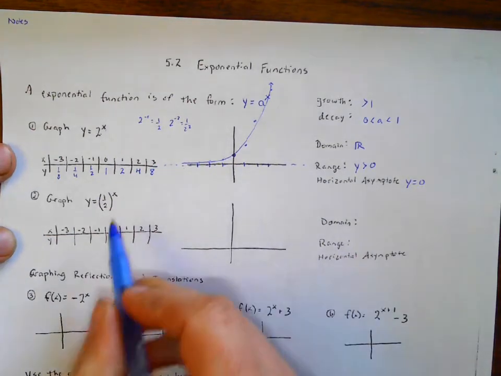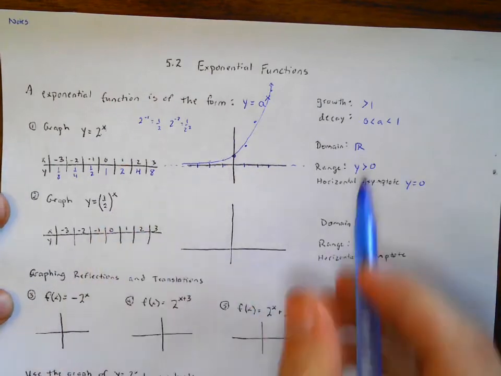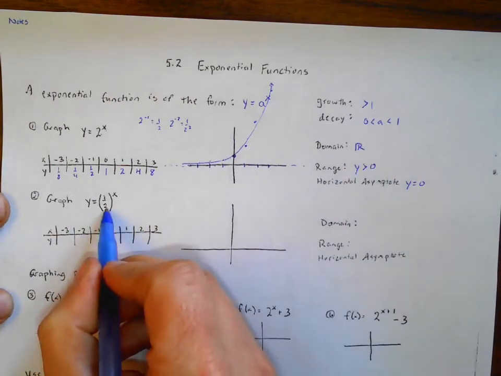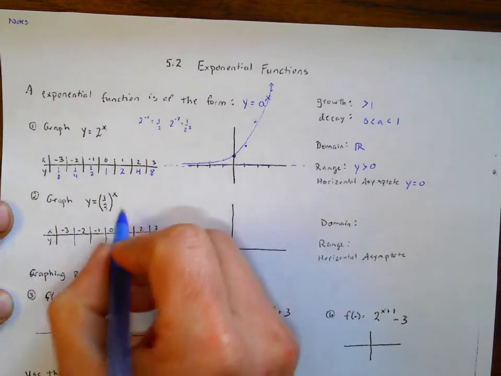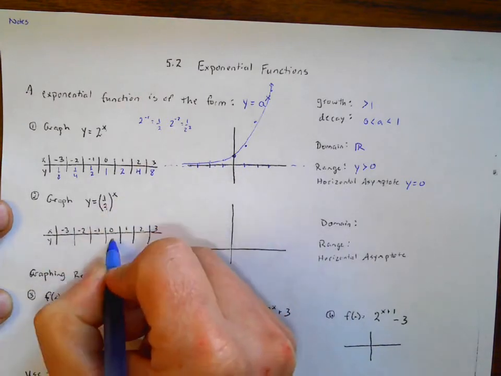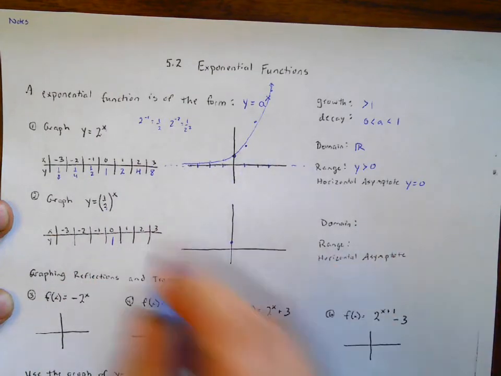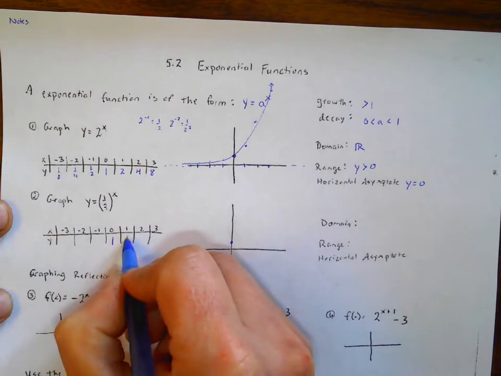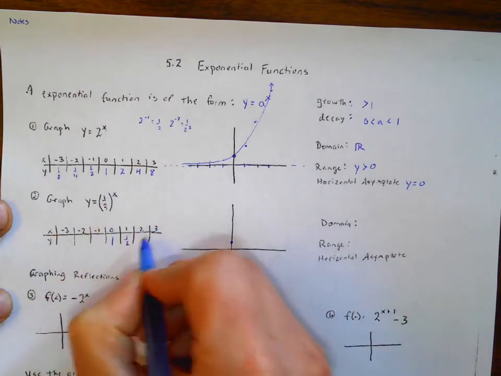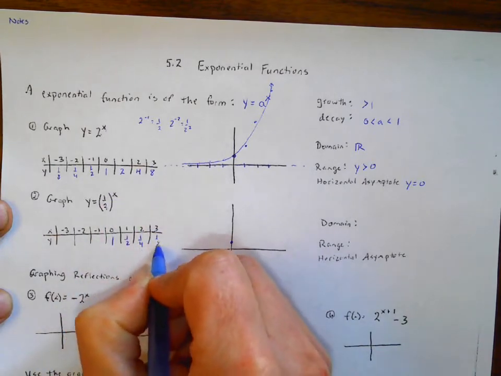For decay, it's sort of the same thing, except that this base is between 0 and 1, like 1/2 is between 0 and 1. So if I take 1/2 to the 0 power, anything to the 0 power is 1. Then 1/2, if I square this, it'd be 1/4, and 1/8.